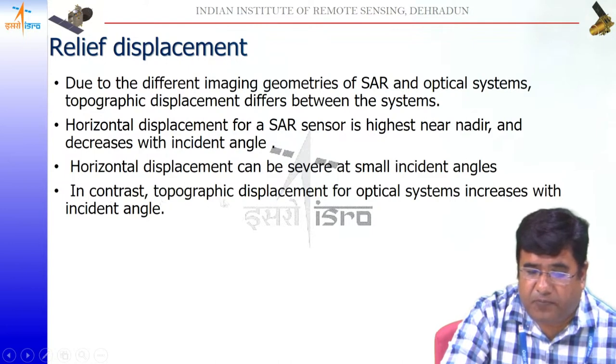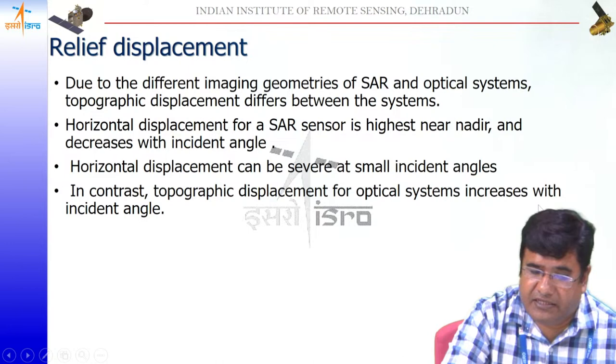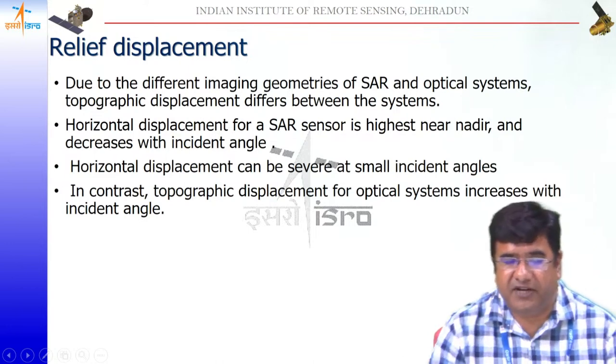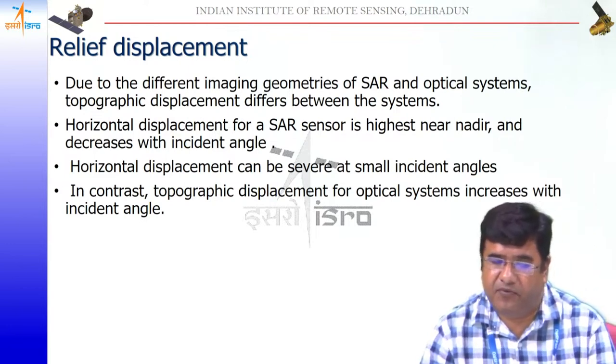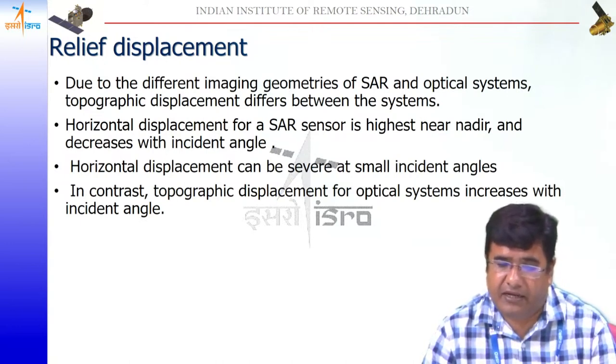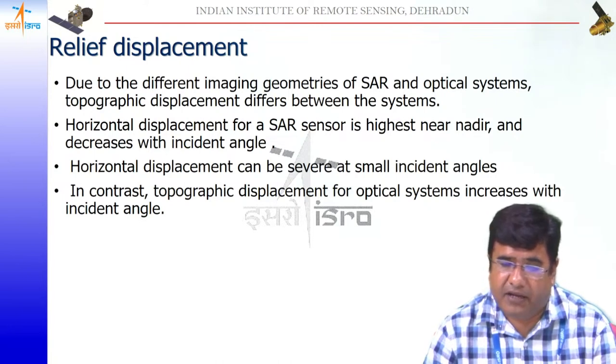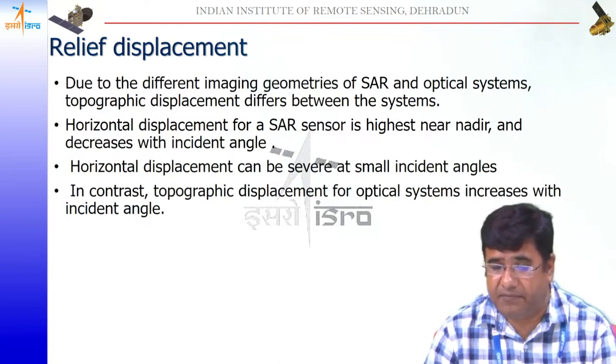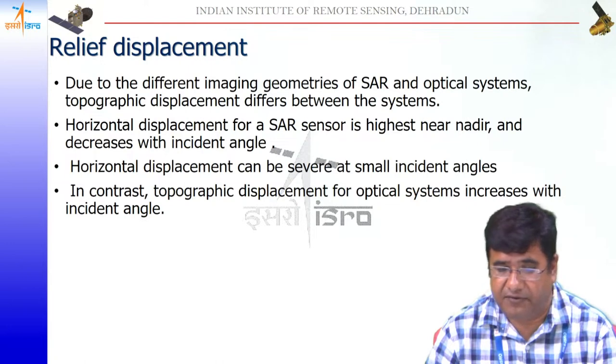In contrast, topographic displacement for optical systems increases with increased incident angle. So the relief displacement happens in both SAR and optical, but in SAR this relief displacement is very much higher as compared to the optical case. And in the near nadir, there will be more displacement as compared to the far range.